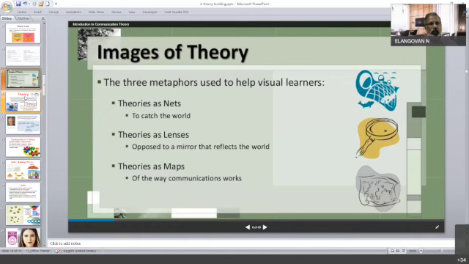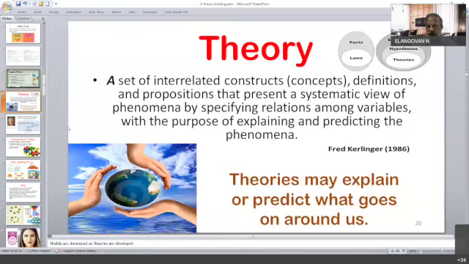For a very specific definition, so that we can work on the theory and break the theory down: a theory is a set of interrelated constructs, or you can call them concepts. You know what a concept is.